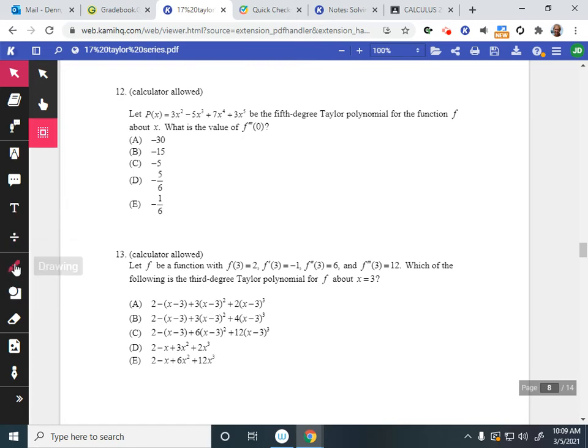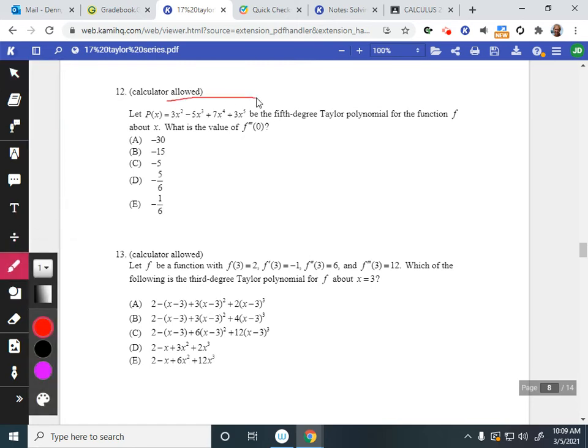Okay, this is a lot like the one we did in class. Here's a polynomial. What is the value of the third derivative at 0? So remember, the Taylor polynomial centered around 0, for that third degree term, would give me the third derivative at 0 times x to the third over 3 factorial. That should match this.